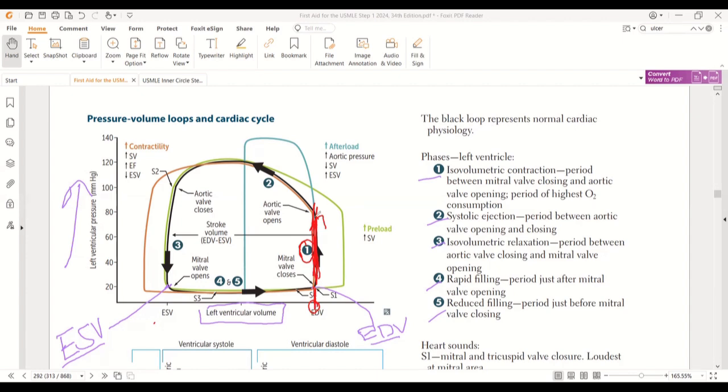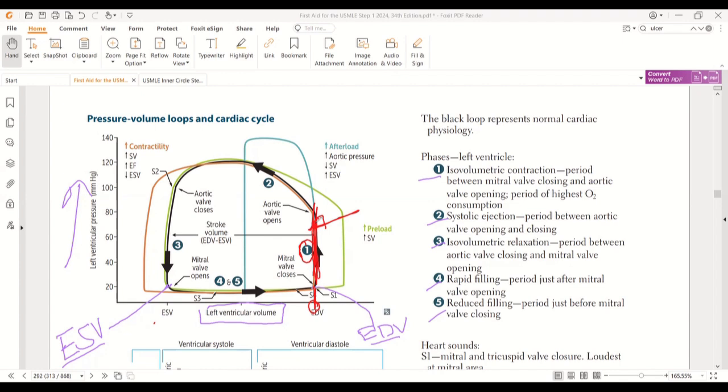After that, the ventricular pressure increases more than the aortic pressure. What happens when the ventricle continuously contracts? Which valve opens? The aortic valve. So now ejection of blood takes place from the left ventricle into the aorta.